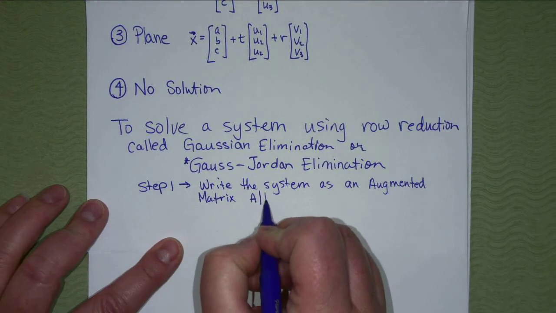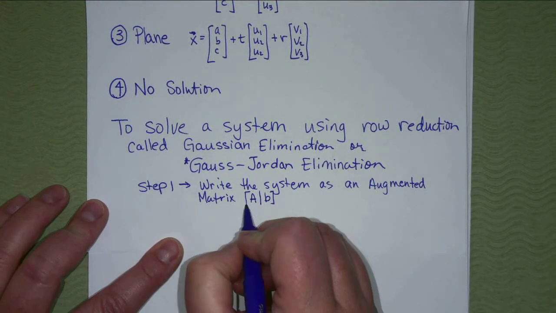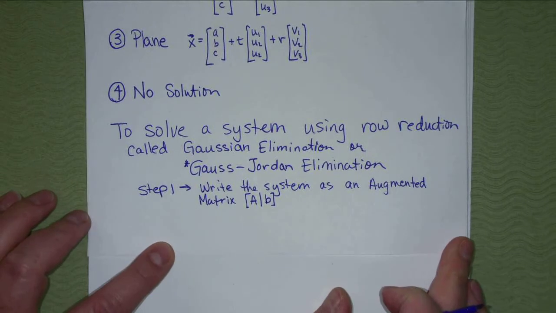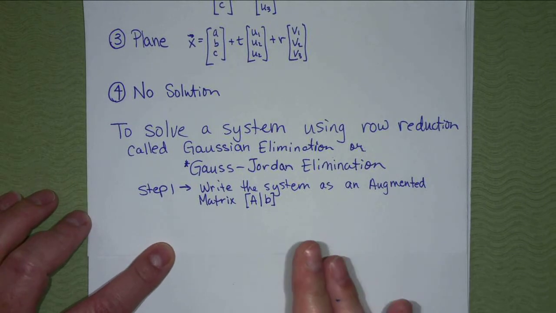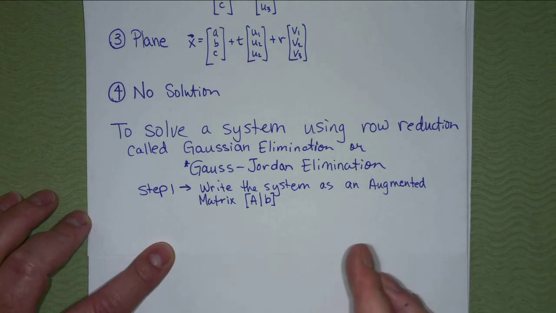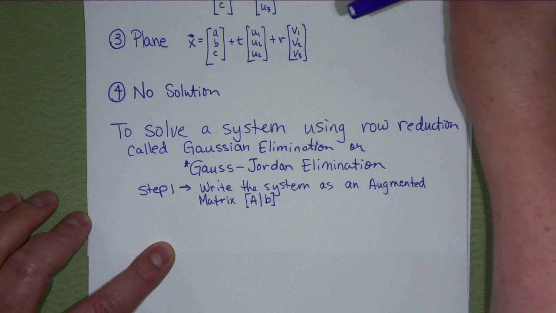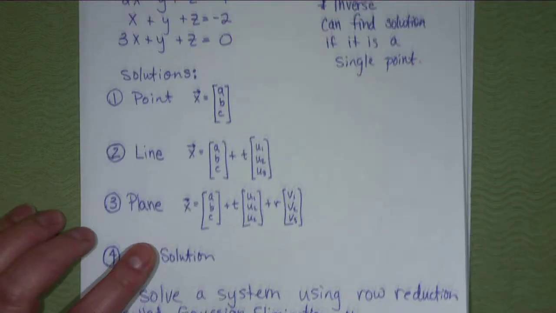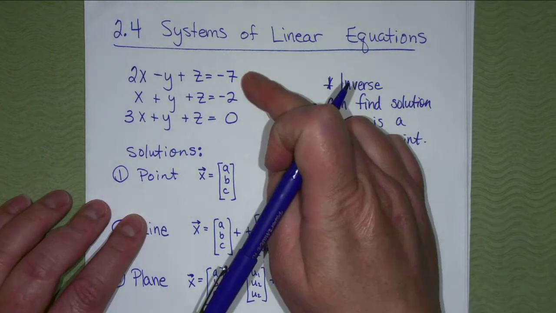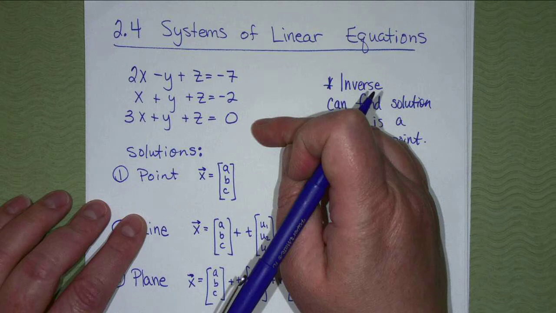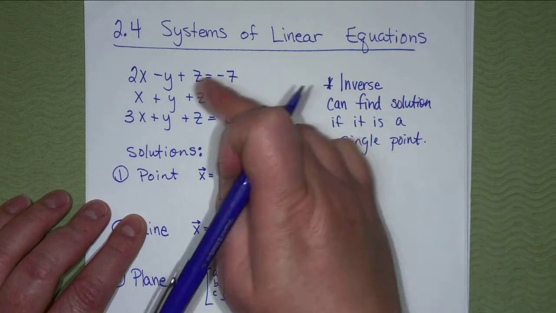We did that same first step with inverses, but we augmented it with the identity. So we put our A, and then on the other side of the line we put the identity. Here we're going to put B. Do you remember what B is? B would be the 7, -20 here. And A is the coefficients in front of the variables. So that doesn't change, but we augment that.